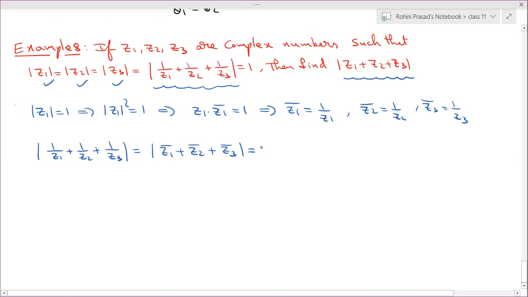Using the properties of conjugate, you can write this as Z1 plus Z2 plus Z3, the whole bar. And you know that the magnitude of the conjugate and the original complex number will be the same. So the magnitudes of both are the same, and it is given as 1. So this is also equal to 1. The answer is 1.